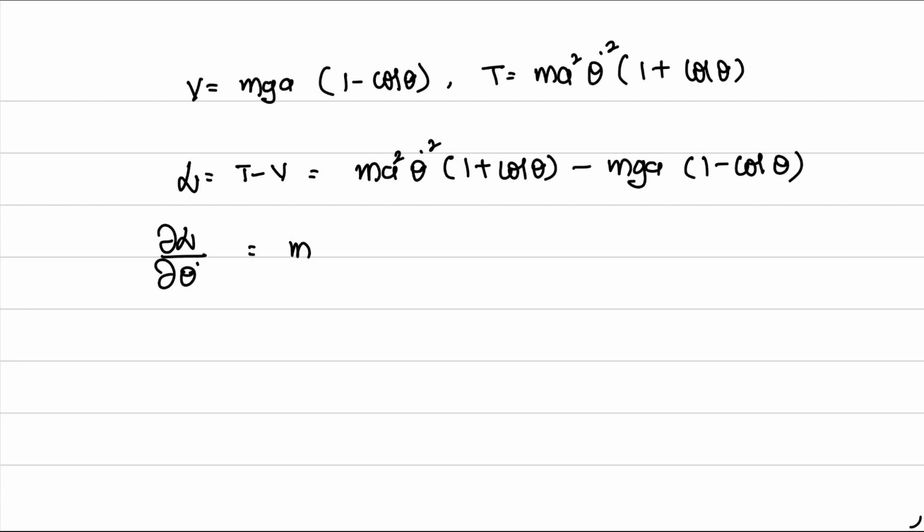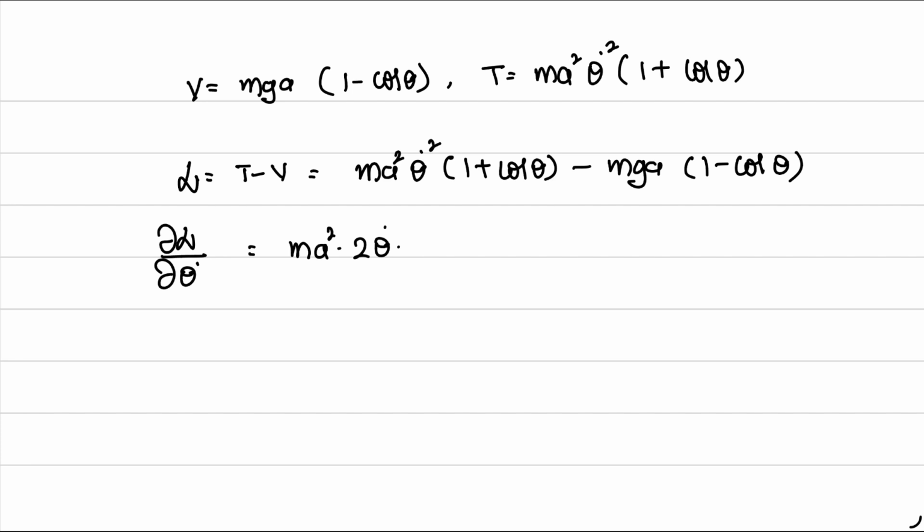That is equal to ma square into 2 theta dot, because the differentiation of theta dot square with respect to theta dot is 2 theta dot, into 1 plus cos theta, which is constant and will remain constant.